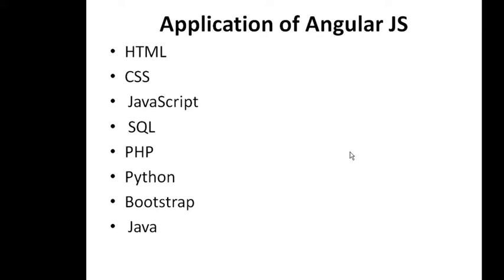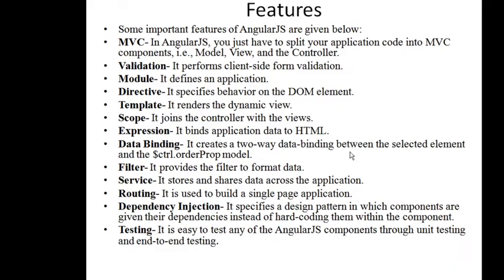Then JavaScript, which we also studied, SQL, that is Structured Query Language, and PHP, which we also learned. We are going to learn in the 8th unit PHP, Python, Bootstrap and Java. These are the languages for AngularJS, and to learn AngularJS we should know all these languages.